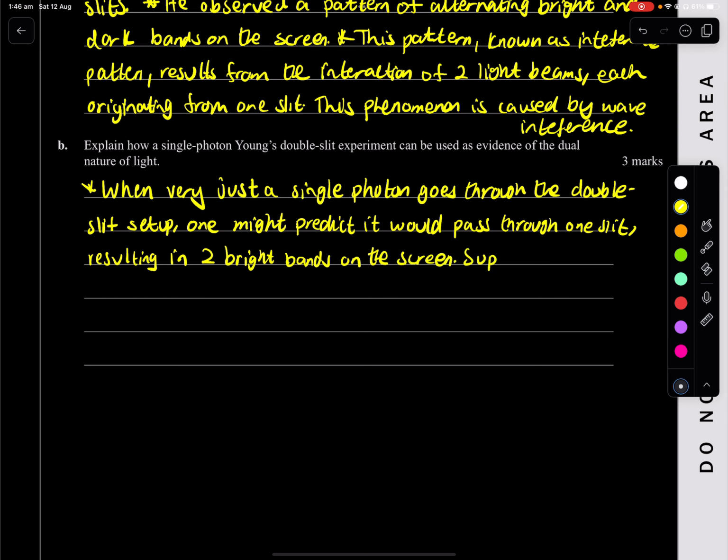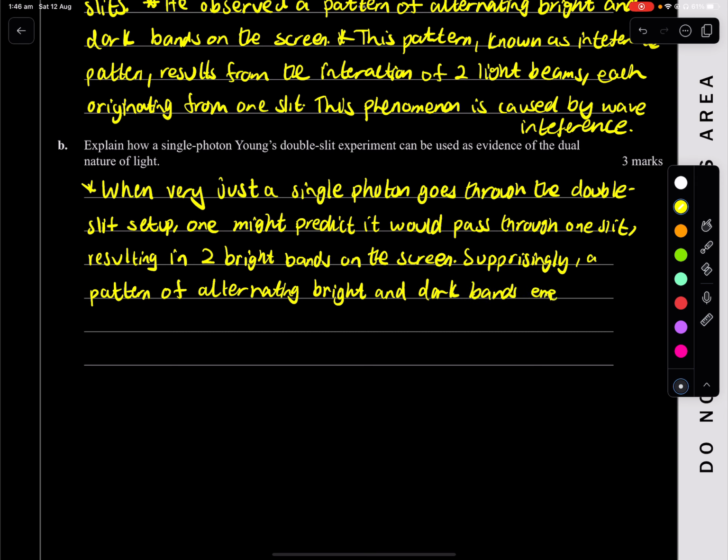Surprisingly, a pattern of alternating bright and dark bands emerges over time.